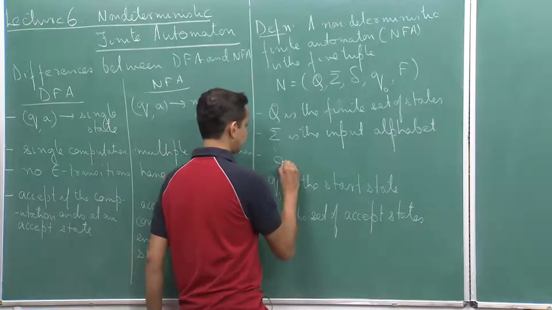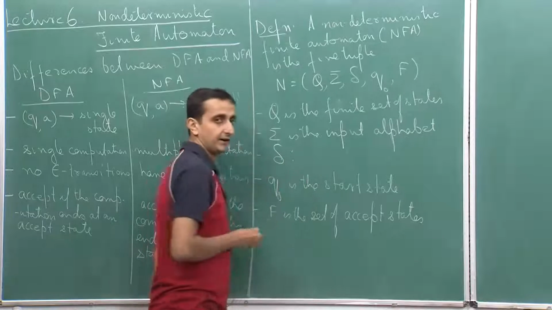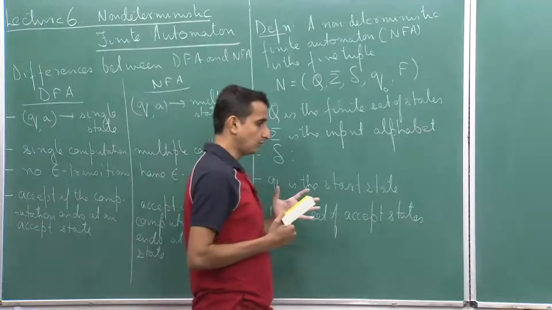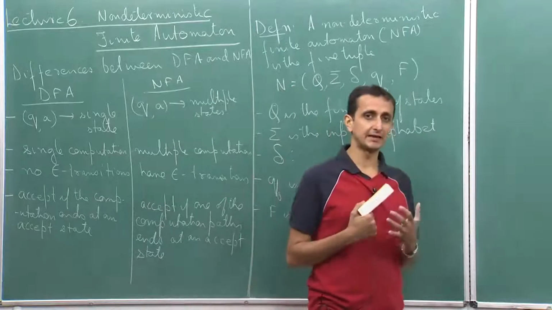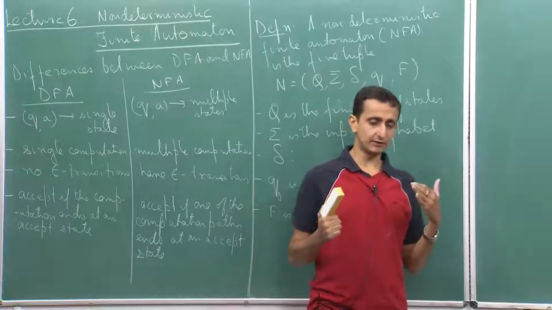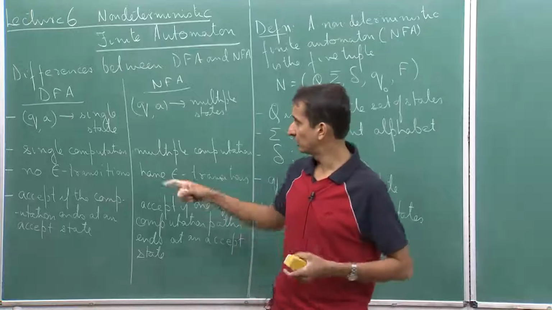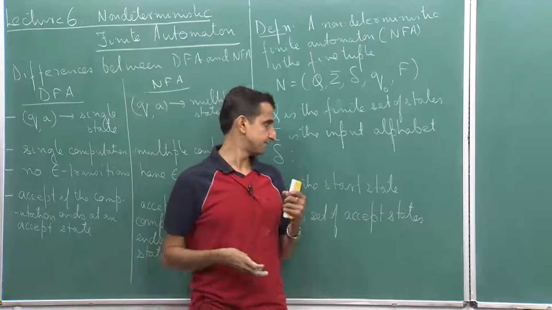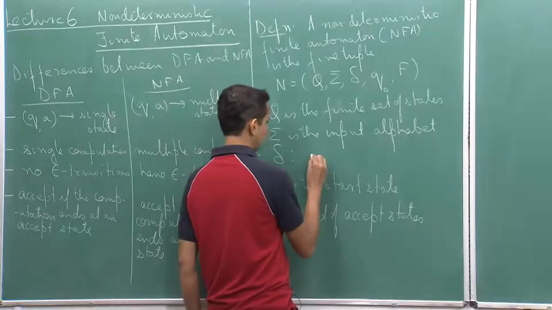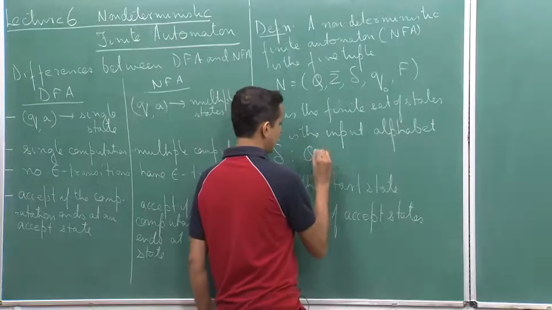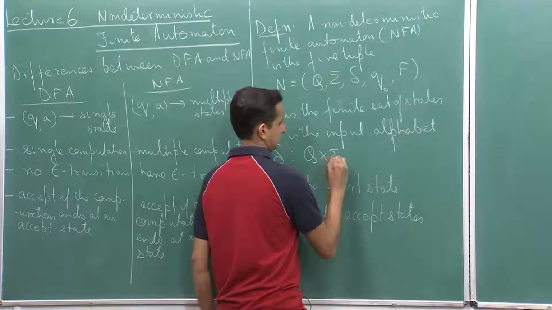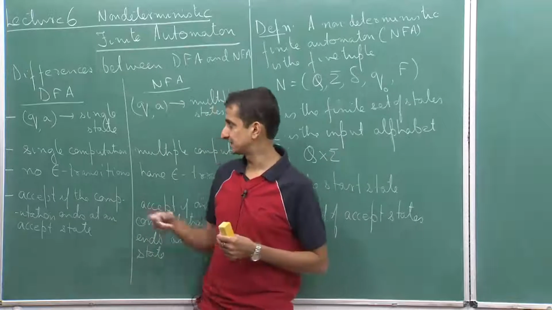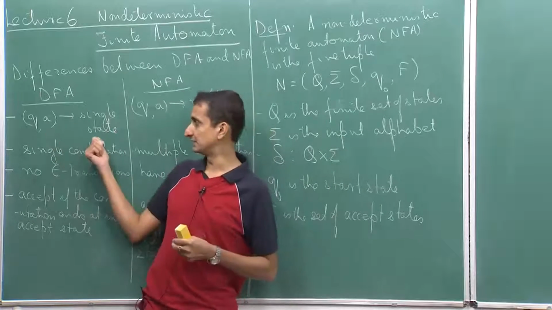So, how is the transition function defined here? Let us recall how transition happens. In the case of a DFA, from one state on an input symbol we go to a unique state. Therefore, it was a map from Q cross Sigma to the set Q itself, because we went to a single state.